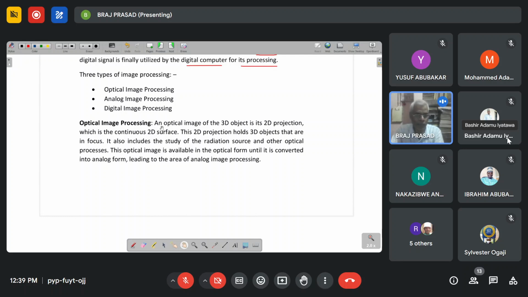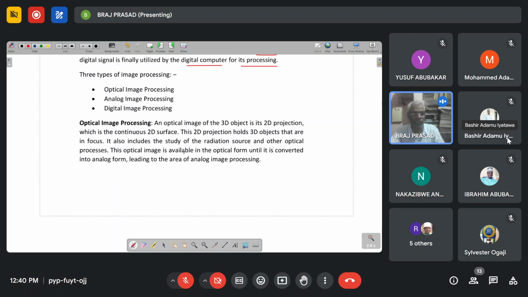In optical image processing, an optical image of the 3D object is its 2D projection, that I have just discussed on the earlier page, which is the continuous 2D surface. These 2D projections hold 3D objects that are in focus. It also includes the study of the radiation source and other optical processes.